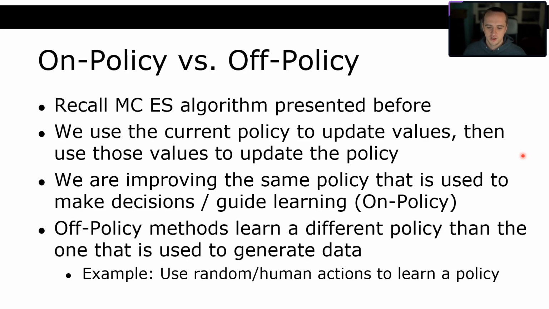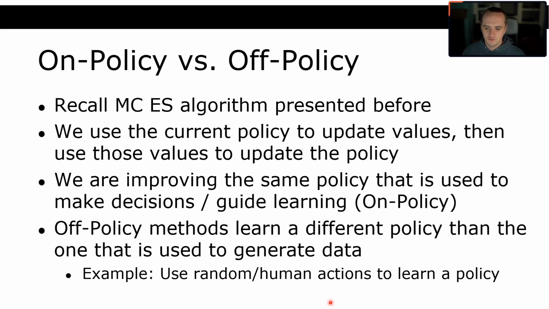Off-policy methods learn a different policy than the one that's used to generate data. For example, if we were watching someone take random moves in an environment, we can learn something from that. If we used random moves to generate rewards and move around in our environment, then we can use that to learn a policy that may be way better than random.